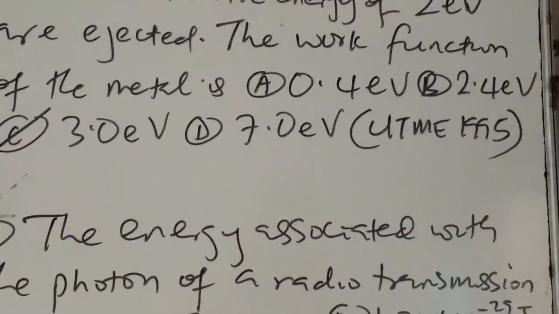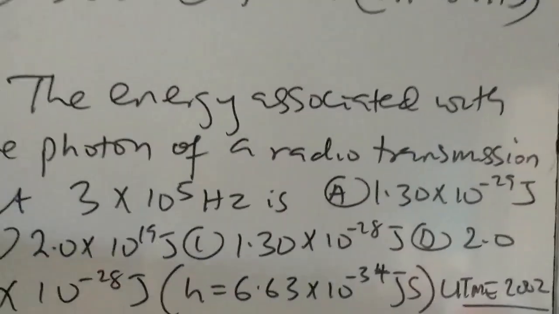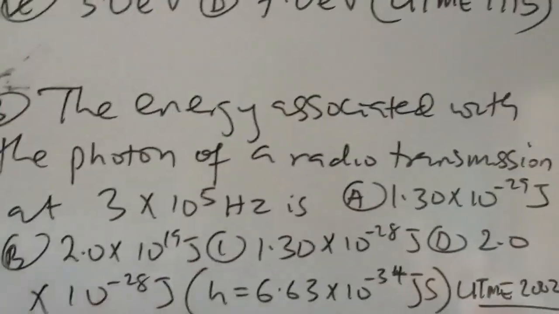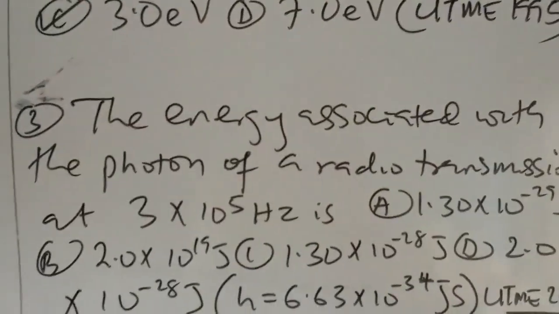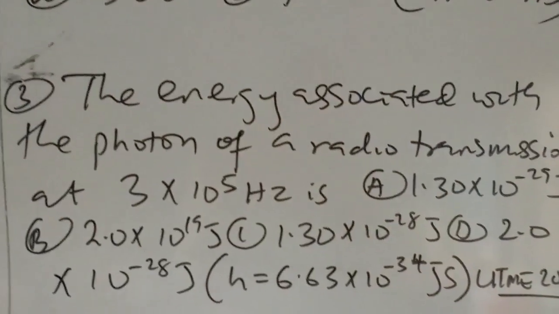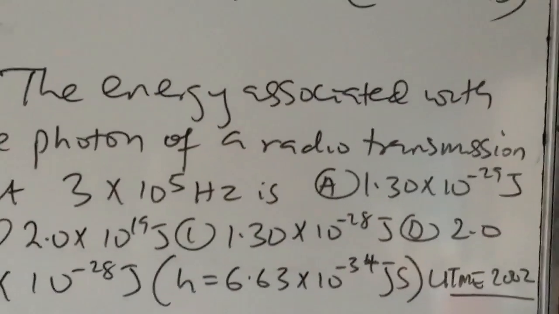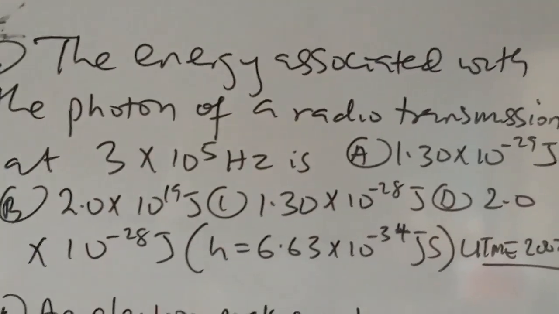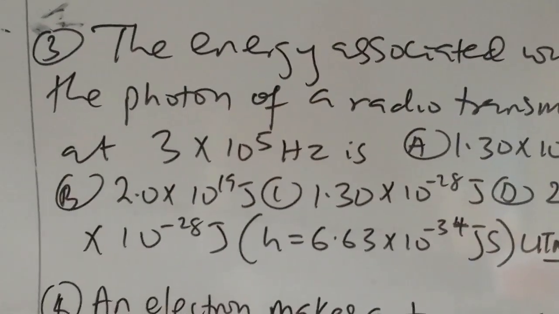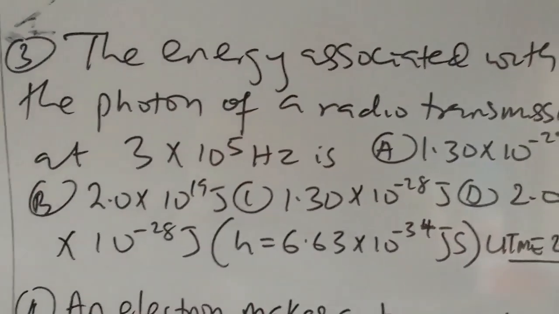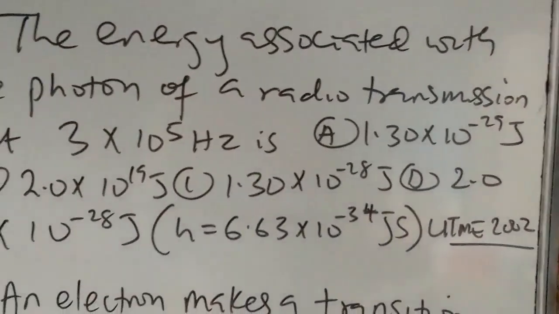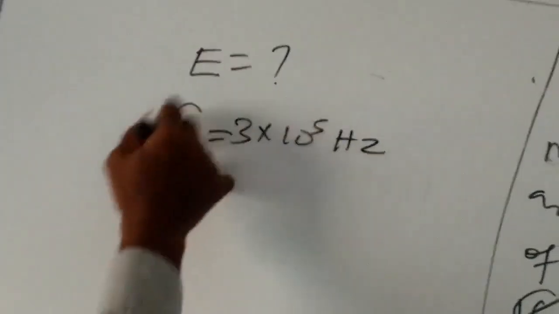Going to number 3, the question says, the energy associated with a photon of a radio transmission at 3 times 10 to the power 5 hertz is? So we are looking for the energy of the photon, and this value, 3 times 10 to the power 5 hertz, represents the frequency of the radiation.